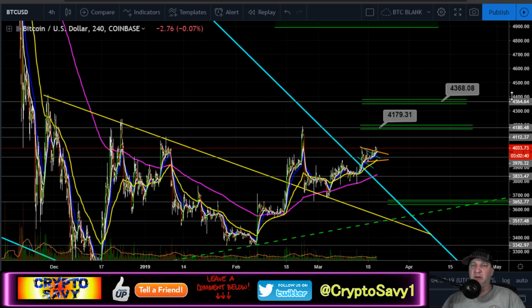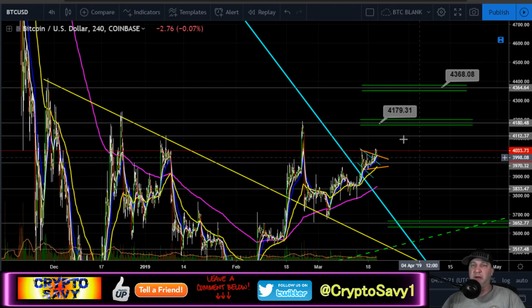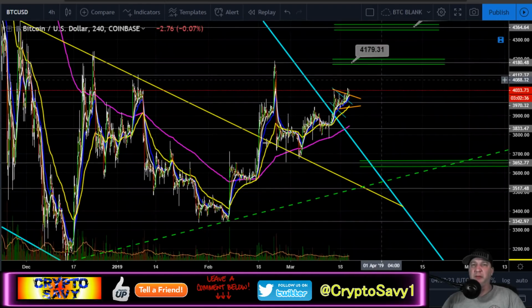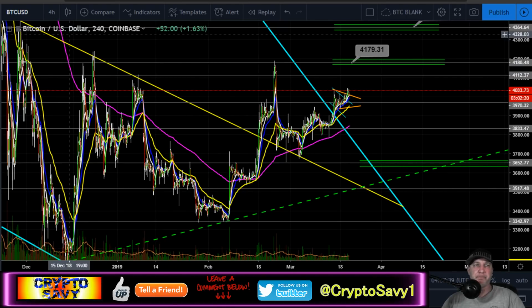But let's take a look if we were to correct from here. And this would also count even if we get up to this area or start correction from here, because we've reached this point here, which I believe would be wave 1, 2, 3, subwave of wave 3. If you don't understand Elliott wave, that's going to be kind of confusing, but if you do understand it, you'll get what I'm saying there.